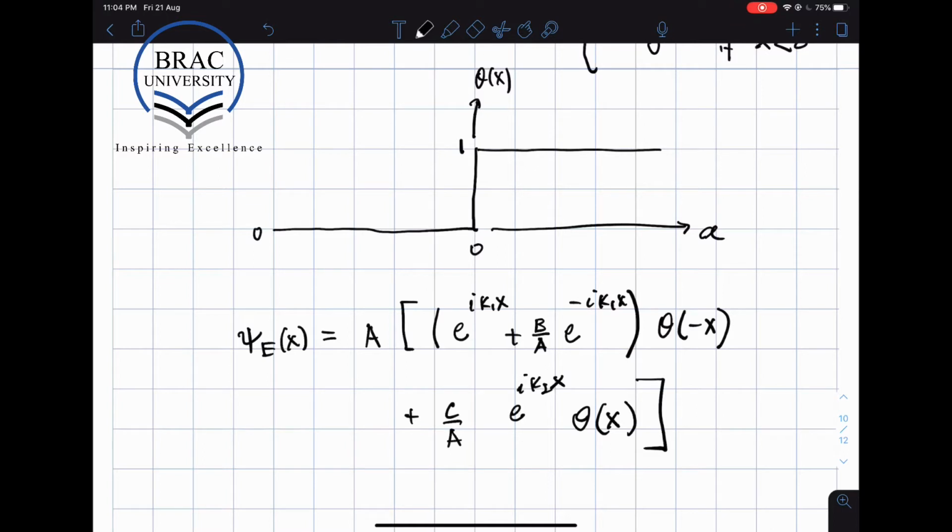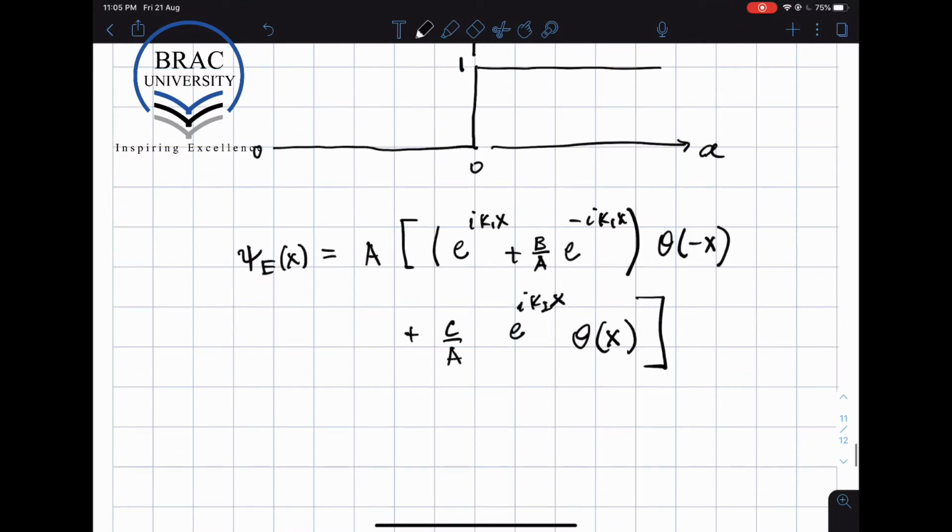So this is our wave function. We can also express everything in terms of k1. So we know that we can relate k1 to k2. And if you do that, then we can rewrite the second term as e to the power i times the square root of k1 squared minus 2m V naught by h bar squared, times x.